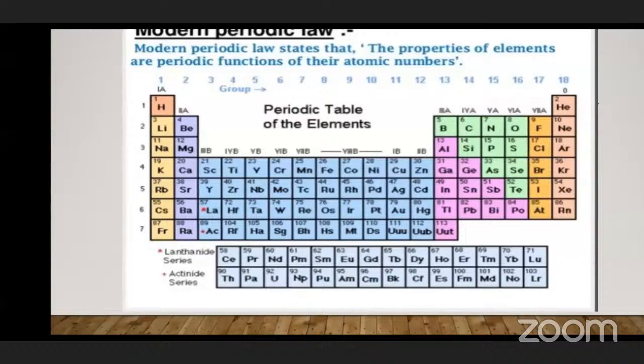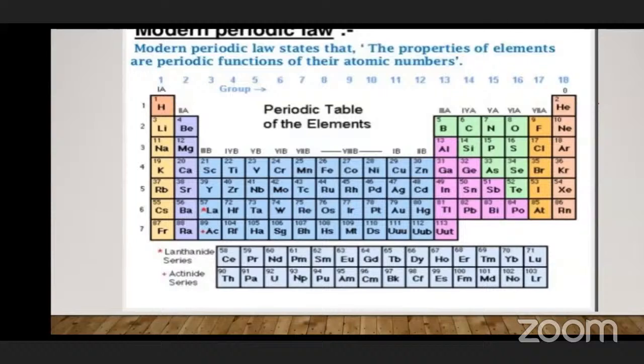The next element is in the second shell, lithium. Then the electrons go one, two, three, four, five, six.